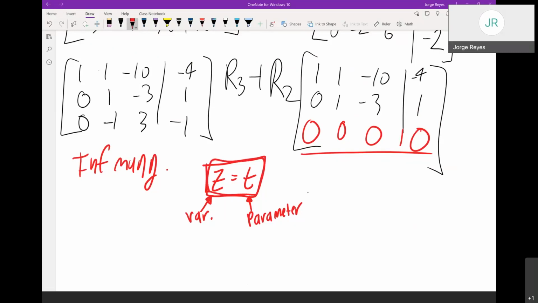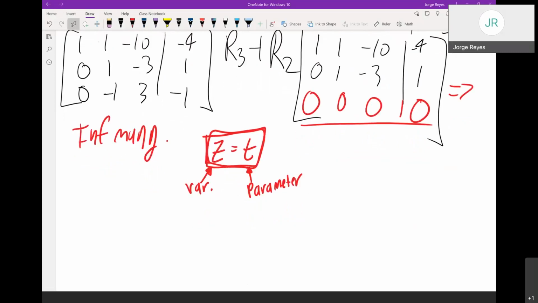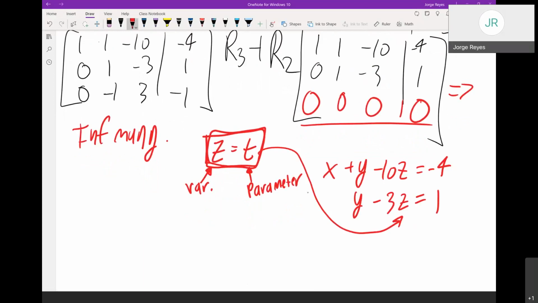Which means now we can actually back substitute. So we have X plus Y minus 10Z equals -4. And we have Y minus 3Z equals 1. Well, now I can plug in Y minus 3T equals 1. So that means Y equals 3T plus 1.